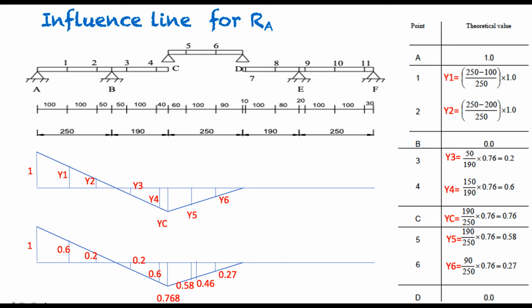The beam points 0, 1, 2, 3, 4, 5, 6 and until 11 are the points where we will put the load. Firstly, we will put the load on support A, and then we move the load to point 1, point 2, 3 and so on.